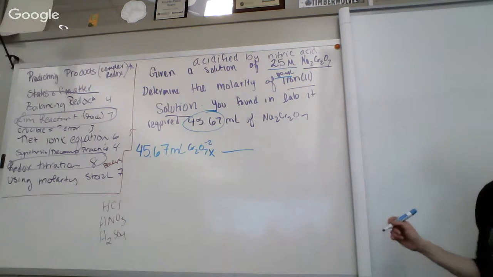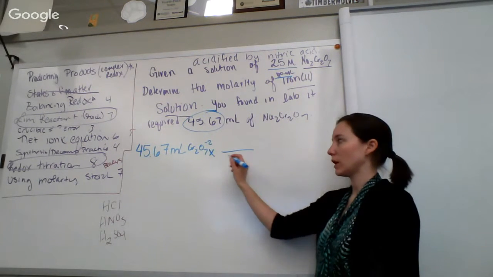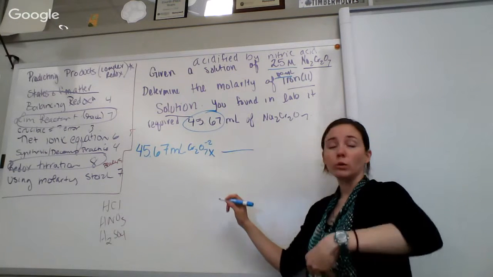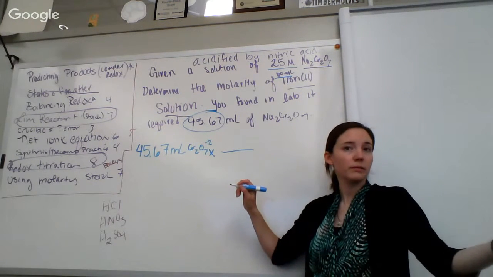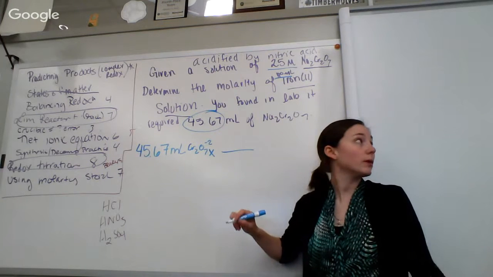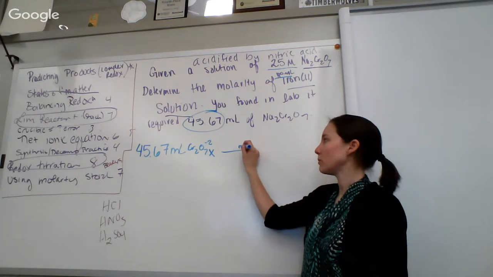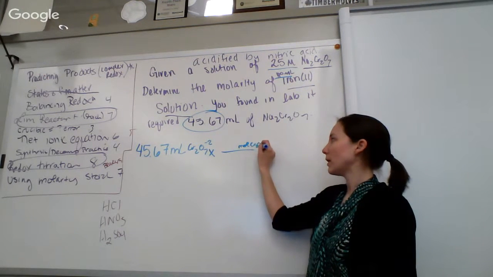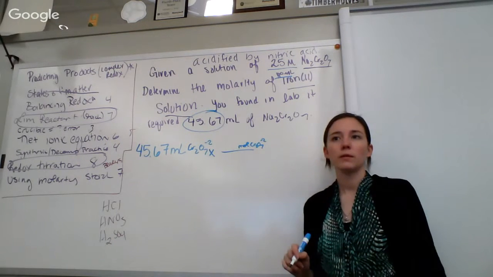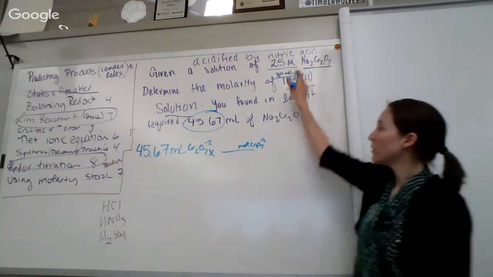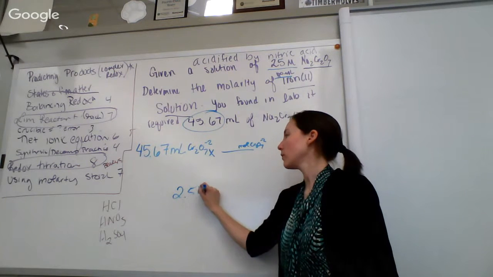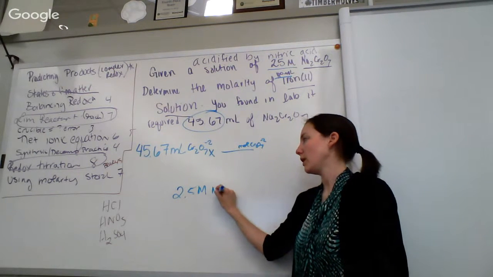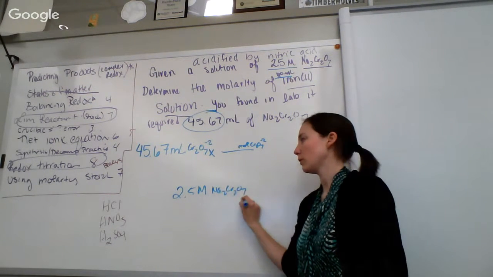Okay, so I've got 45.67 milliliters of dichromate. And so my goal would be to turn it into what? Moles of dichromate. That's almost always the first thing I'm trying to switch between. So what do I know about my dichromate? I have 2.5 molarity of my Na2Cr2O7, right?